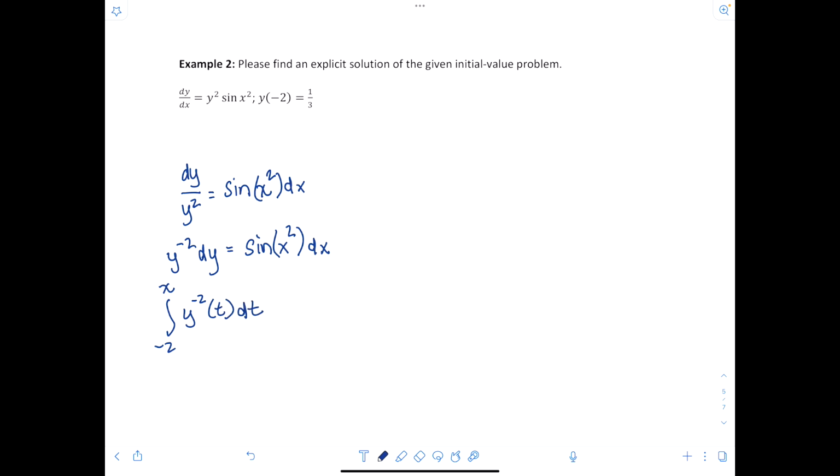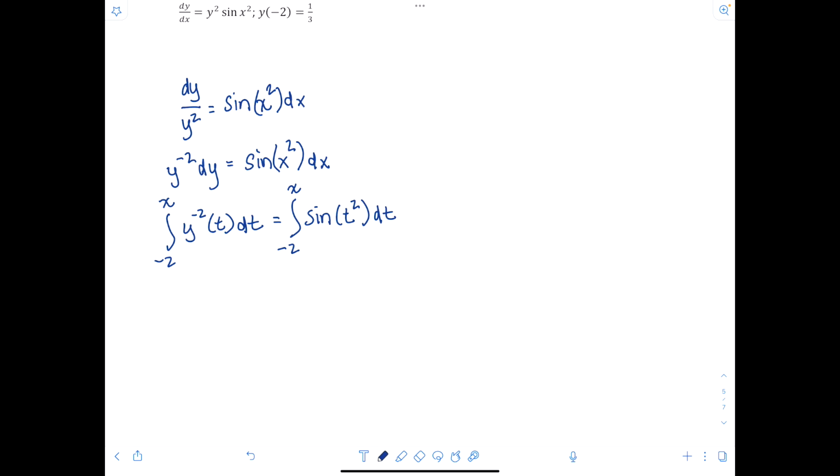That's going to equal the integral from negative 2 to x of sine at t squared dt. So now the left-hand side I'm going to be able to work with, all right? Because it doesn't matter.